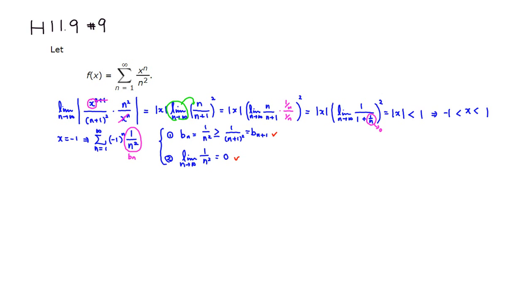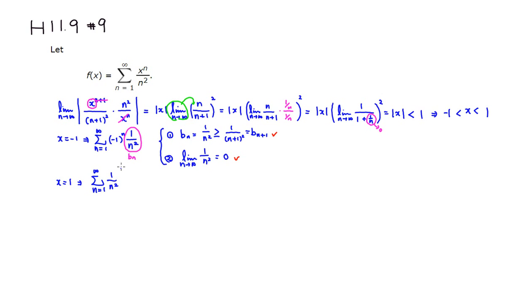But when you look at x equals 1, this is going to give us a p-series: the sum from n equals 1 to infinity, and 1 to the n is 1, so this is 1 over n squared.